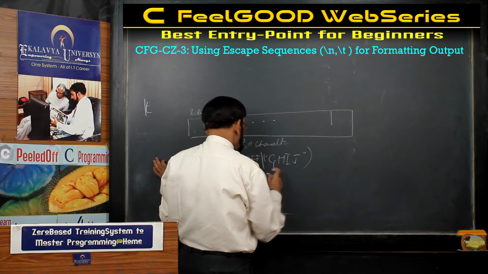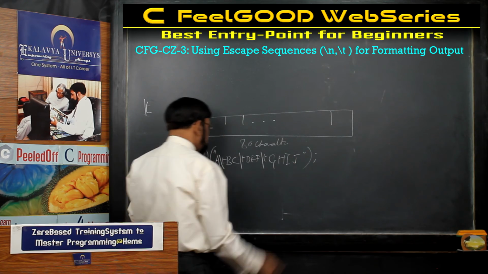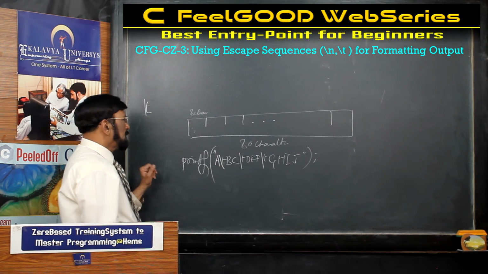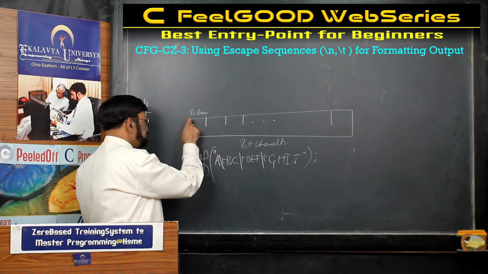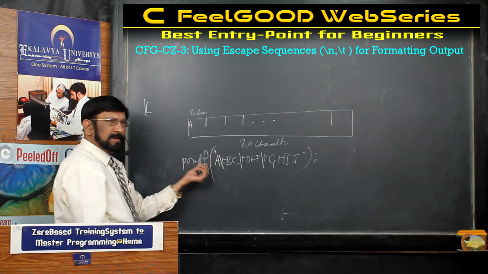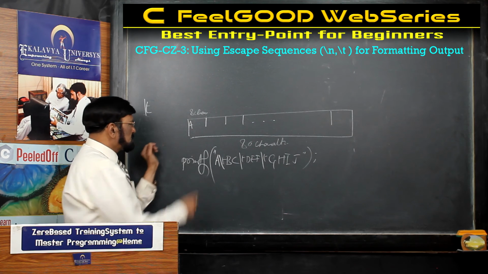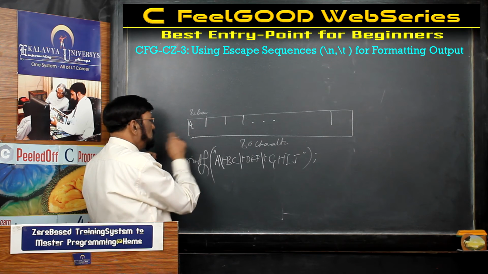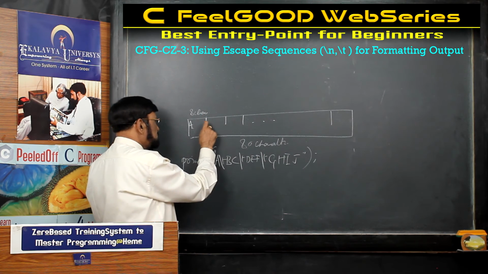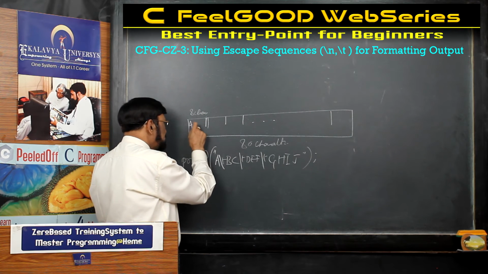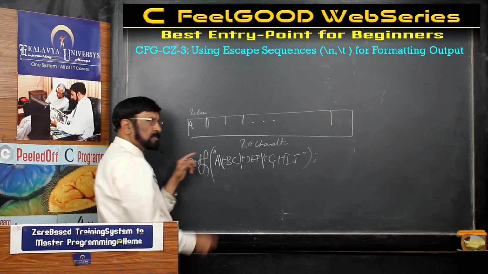Suppose I have written like this. As a result, what is happening? First A is printed, and the horizontal tab moves the cursor, which is here, to the first position of the immediately next zone. From here the cursor goes here.